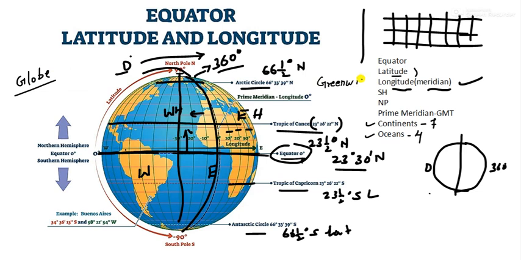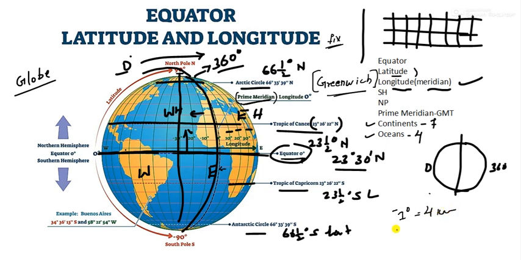So the longitude which passes through Greenwich in London, we call 0 degree longitude, or the prime meridian. This meridian also helps us fix time. For a difference of 1 degree in location, there is a time difference of around 4 minutes.